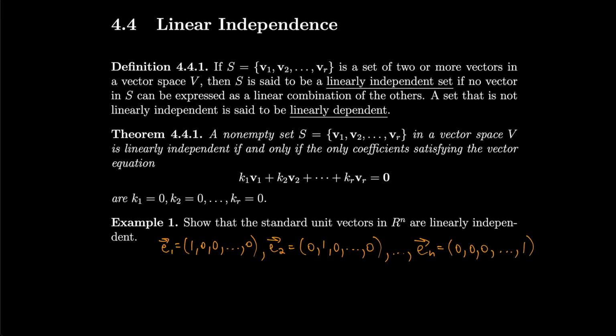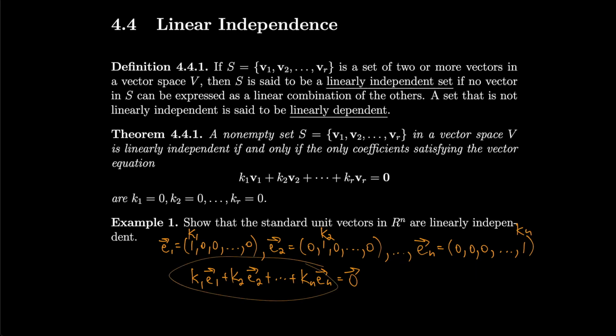So then I could take k1e1 plus k2e2, and so on through knen equals the 0 vector. Notice in that case this constant times this vector would just give me k1 over here, and similarly k2e2 would give me k2 over here, and I would get kn over here.